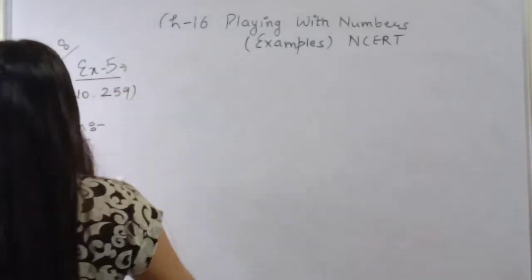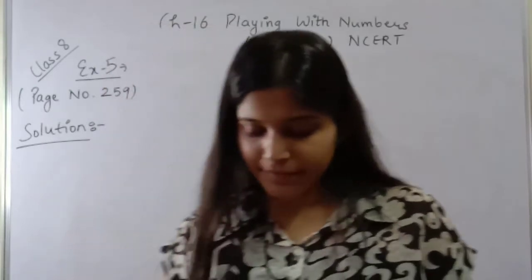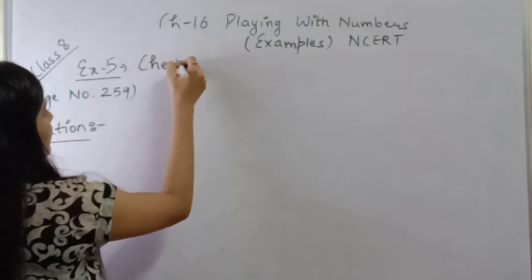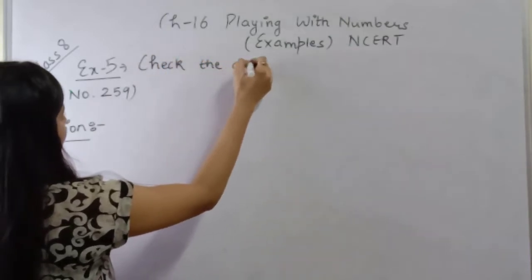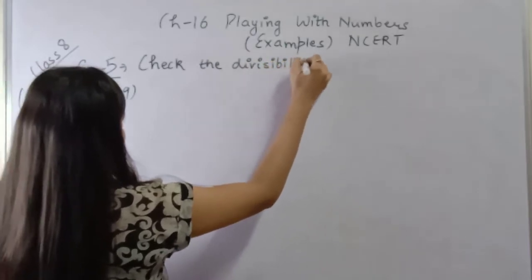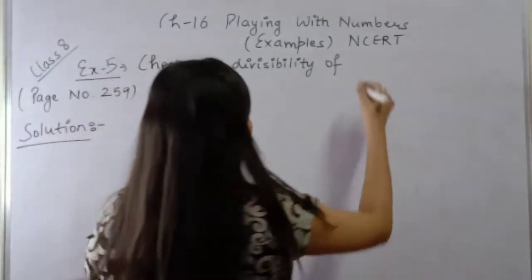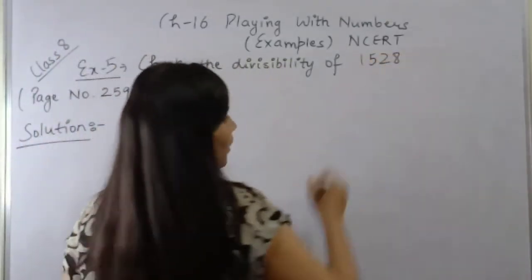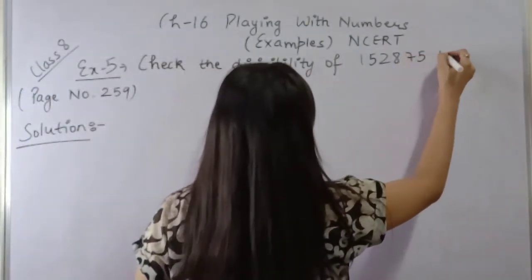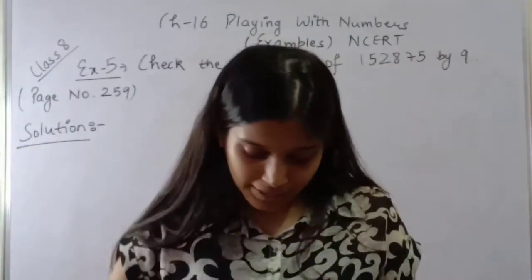Example number 5, page number 259. So example number 5 says check the divisibility of 152875 by 9. Again we have to check the divisibility of a number by 9.